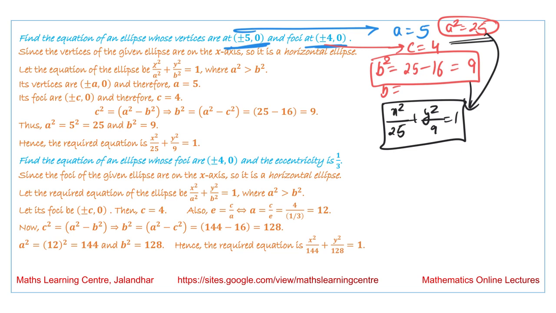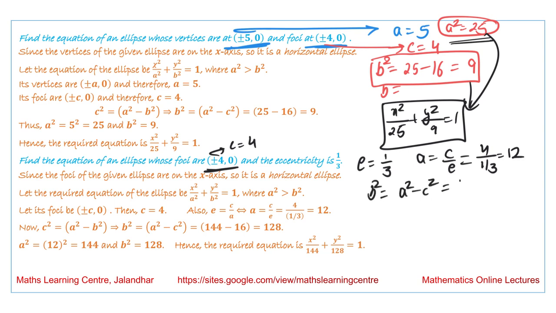Next is find the equation of the ellipse whose focus is given. The value of c is given to be 4. Eccentricity is given to be 1 by 3. We know that a = c/e. So this implies we obtain 4 over 1/3, that is equal to 12. And b², we know, is a² − c², and it comes out to be 144 − 16, that is 128.